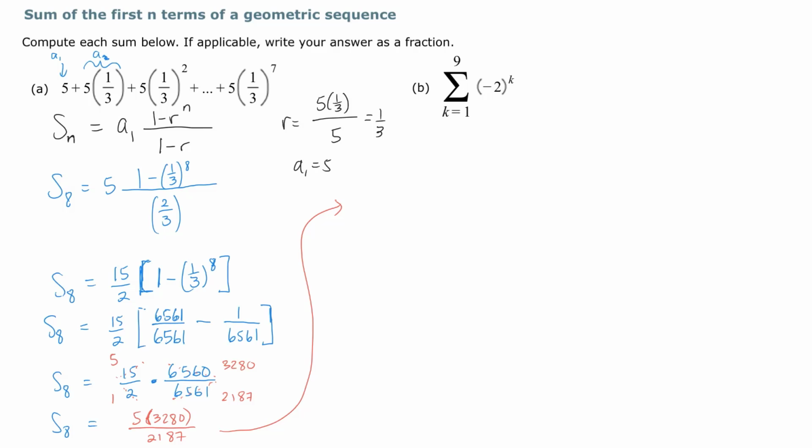I don't think so. And we get a partial sum of 16400, all divided by 2187.